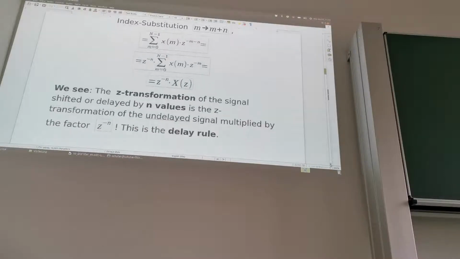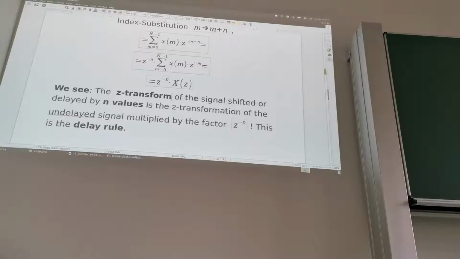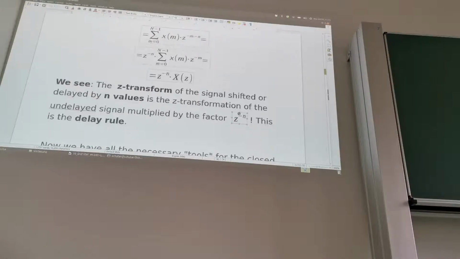So here we see the z-transform of the signal, shifted or delayed by n values, is the z-transform of the undelayed signal multiplied by a factor z to the minus n.